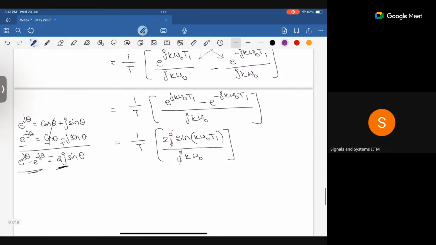And substitute k omega naught equals 2 pi by T, right?